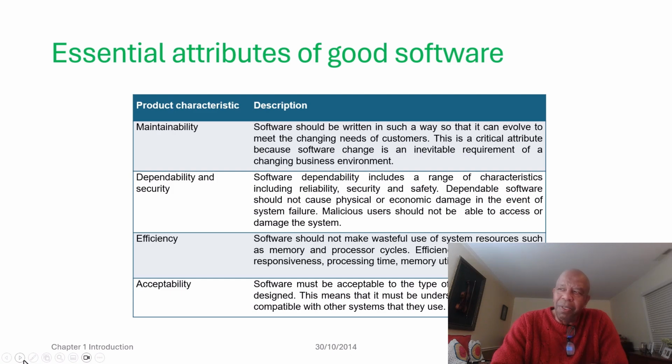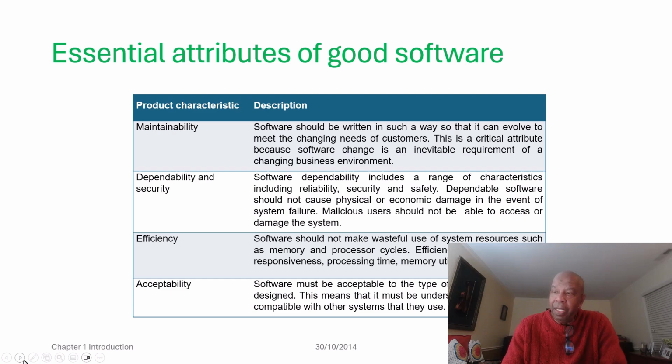What is dependable? Dependability includes a large range of characteristics, including reliability, security, and safety, which are themselves nebulous. But again, these are goals that we're going to be trying to push forward. My application is efficient: it is using resources effectively to a criteria that I want to reach.